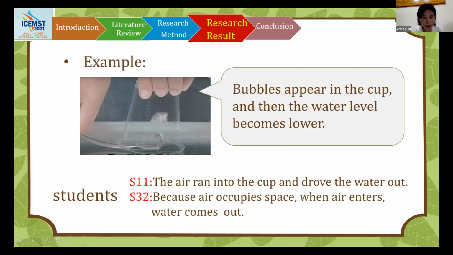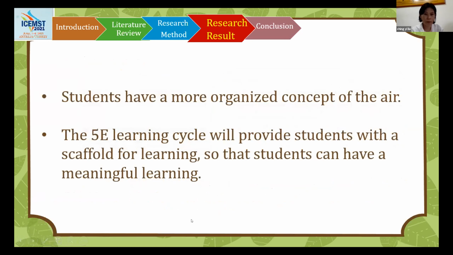Student 11: The air runs into the cup and draws the water out. Student 32: Because air occupies space, when air enters, water comes out. Students have more organized the concept of air. The 5E learning cycle provides students with a scaffold for learning, so that students can have meaningful learning.